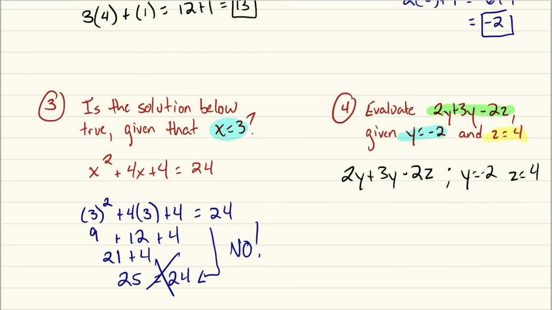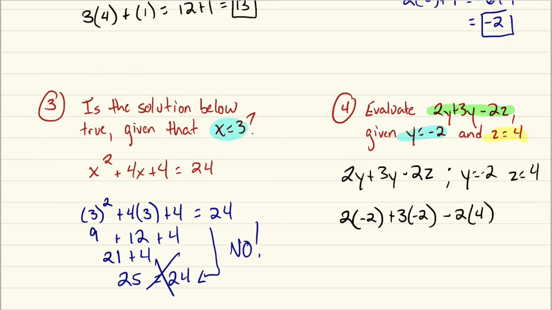All right, cool. So that's exactly what we've had before. If you don't feel like you need that step, that's okay. But now we can substitute. 2y, where y is equal to negative 2, so I put that negative 2 in, plus 3y. y again is equal to negative 2. Plug that in. And then we say minus 2z, and this time z is equal to 4.